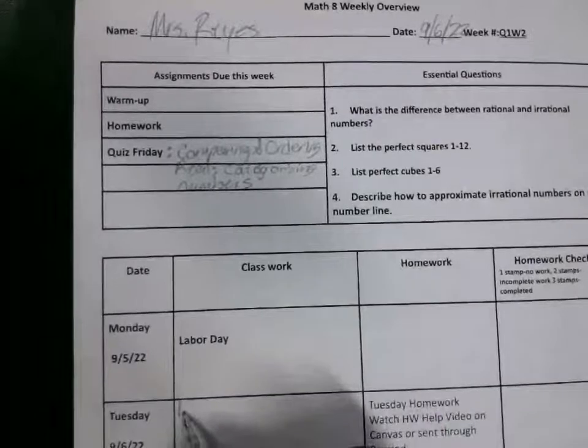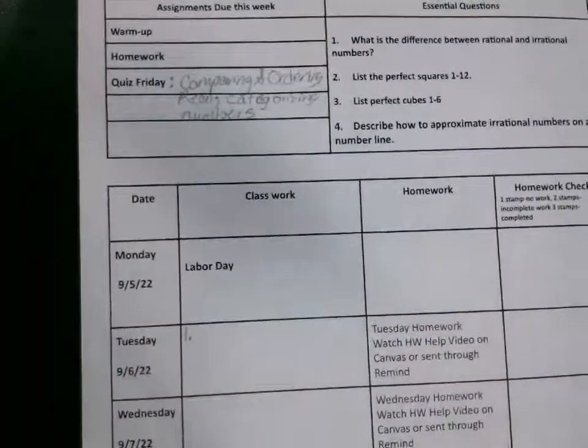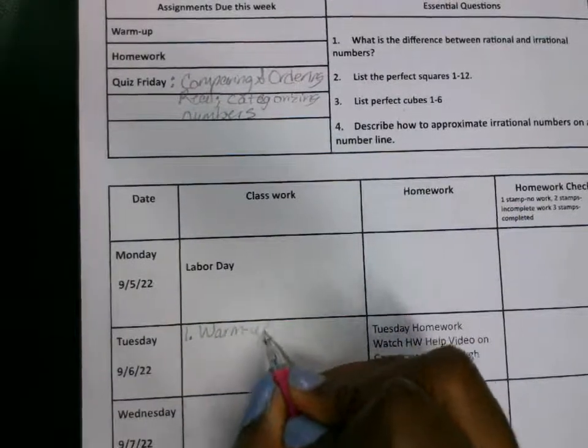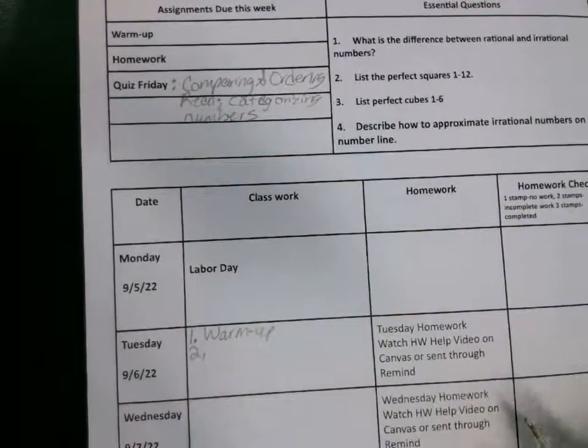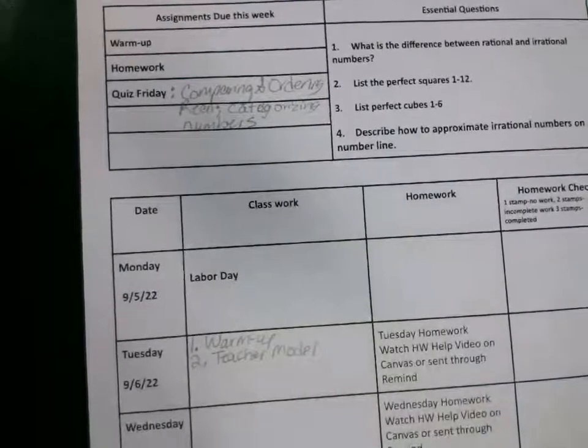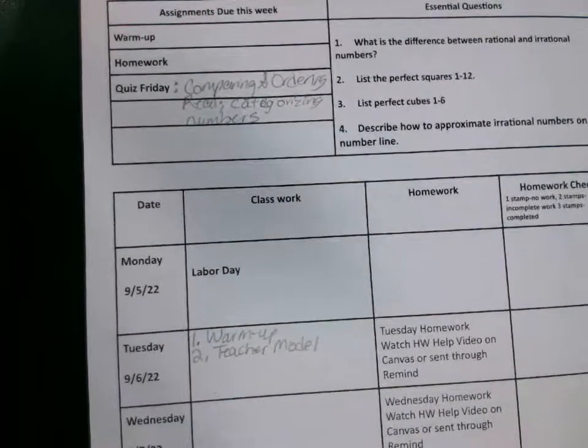Tuesday, remember, this is not mandatory that we write down what we're going to do in class. I just want to make sure you know what we're going to be doing today. You should have already completed your Tuesday warm up. Okay. I'm going to go over categorizing numbers. So the teacher is going to model categorizing numbers again. And then I'm going to also model, and it's on the board, decimal percent conversions, which is going to be our segue into how to order numbers.